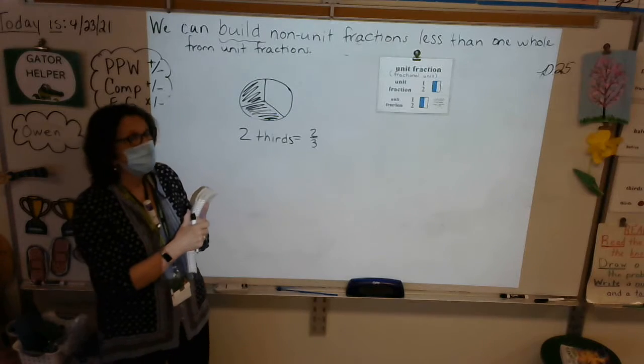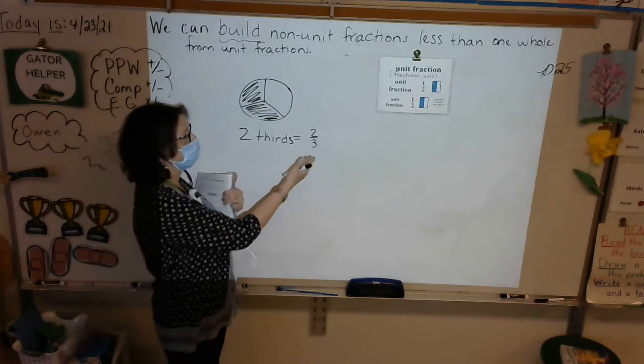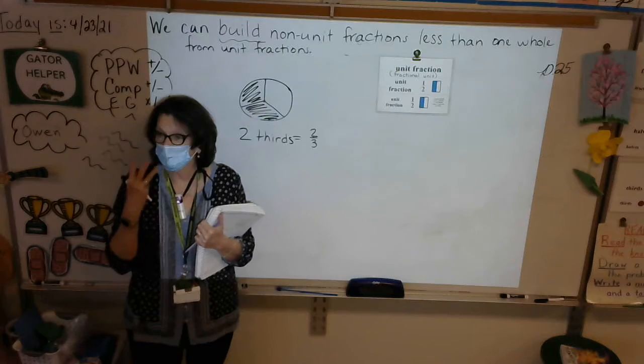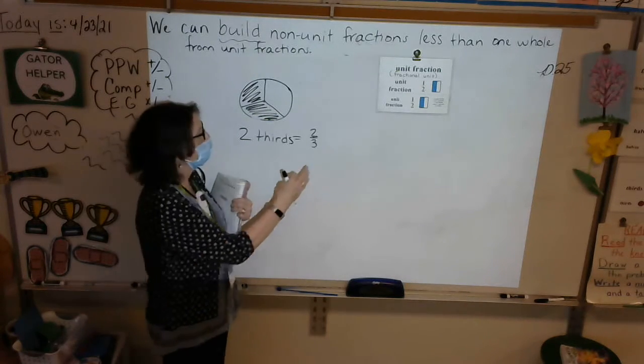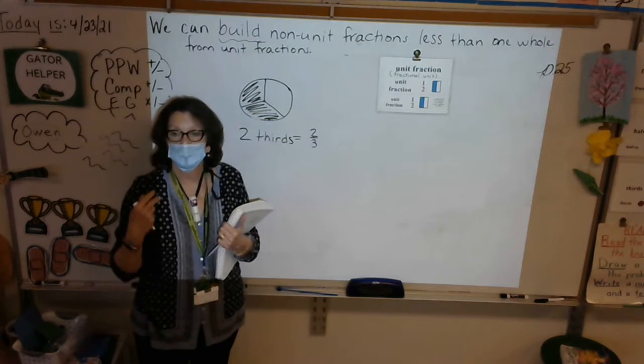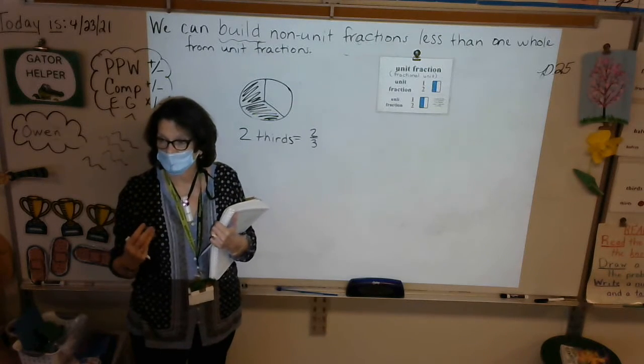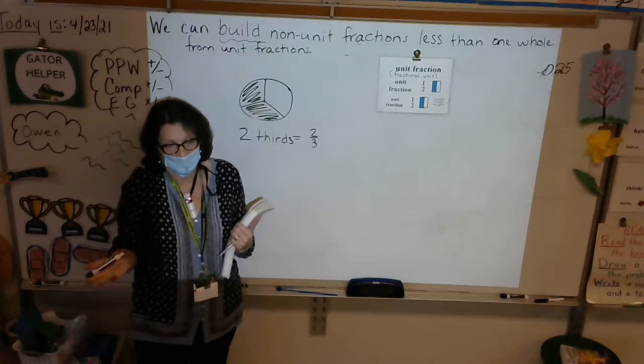Very nice, bud. So if you couldn't hear him, he said it didn't change because there's still 3 equal parts. The denominator is not talking about the shaded or the unshaded. The denominator is always referring to the 3 equal parts, the total number of parts of the whole. That's how we identify what unit we're working with.